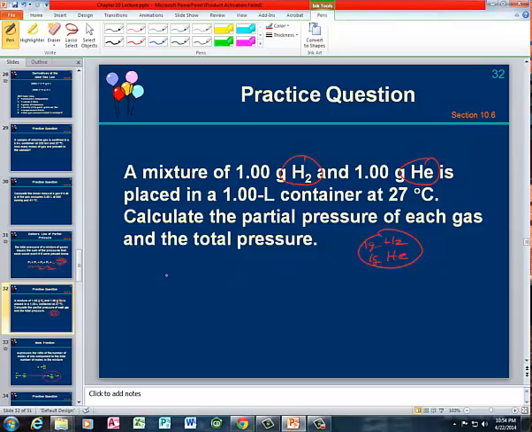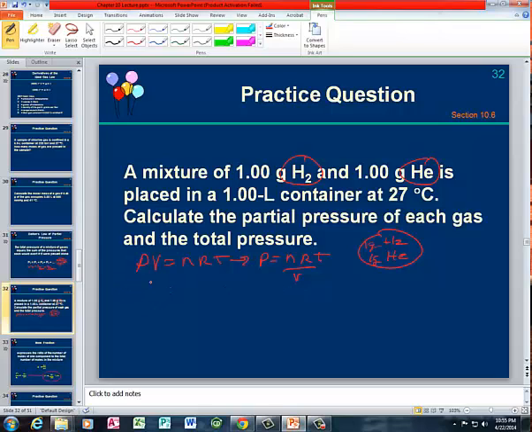If I'm going to use the ideal gas law, PV equals nRT, and I want to solve for the partial pressure of any one of those gases, the partial pressure of any one of those component gases is equal to nRT divided by the volume of the container.